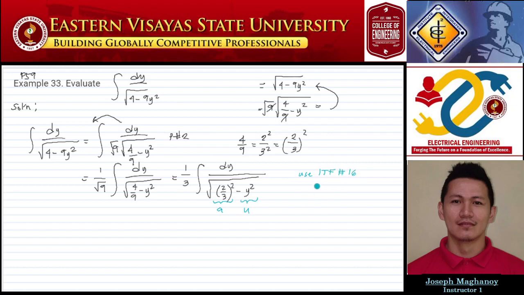What is the formula? The integral of du over the square root of a squared minus u squared is equal to arc sine u over a plus c. Okay, so we apply our formula.